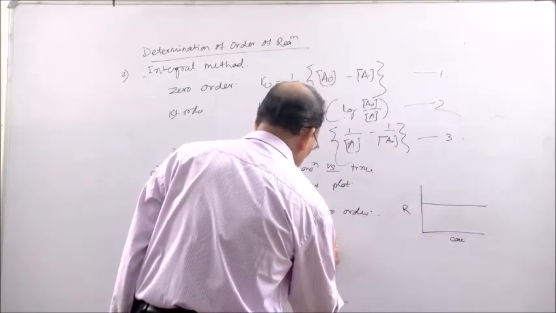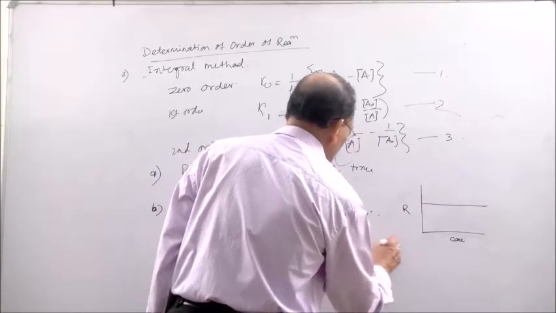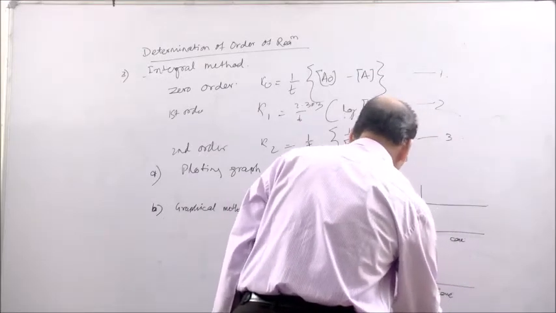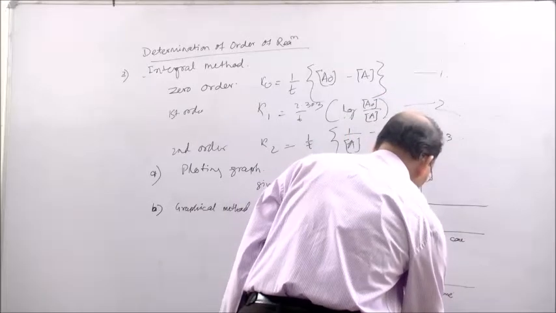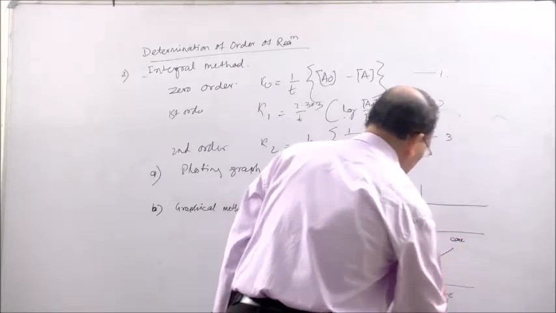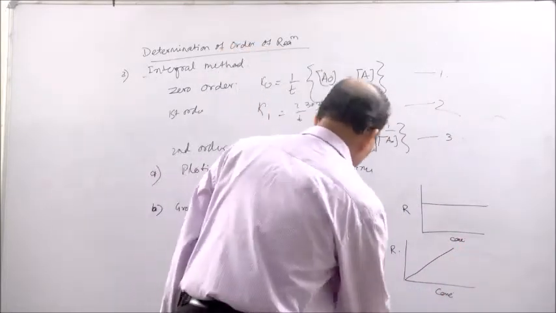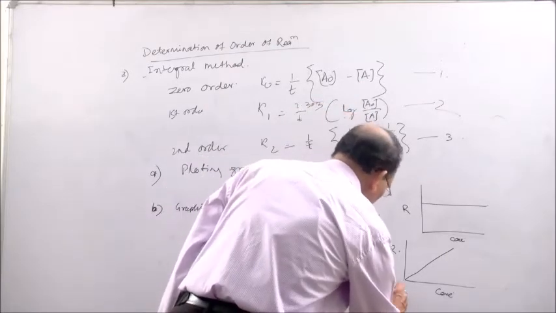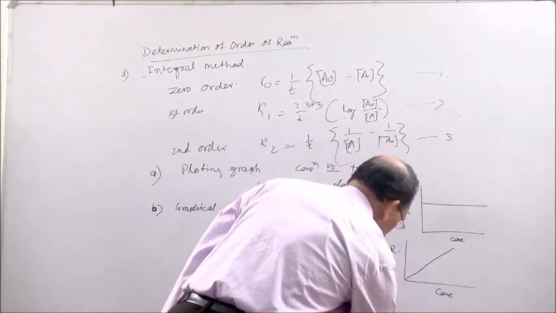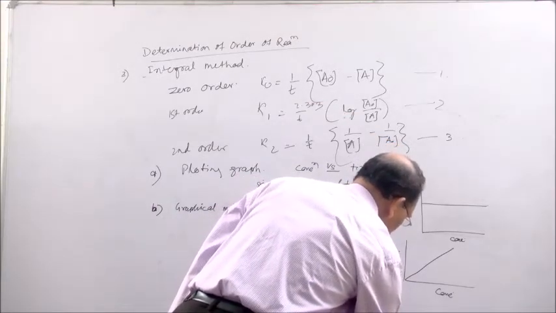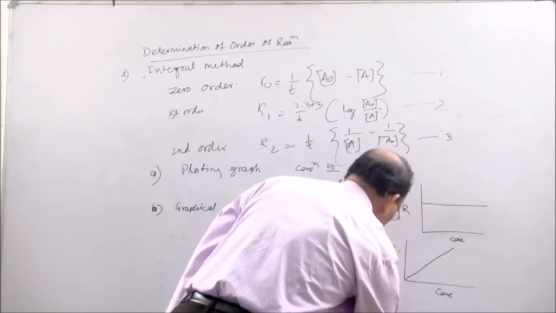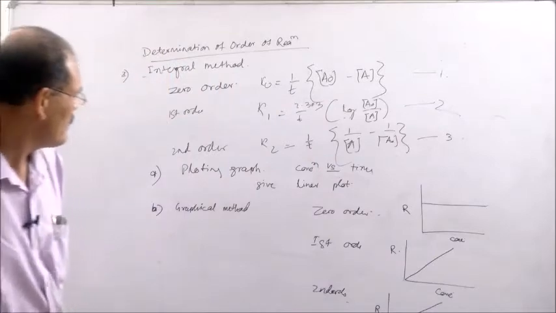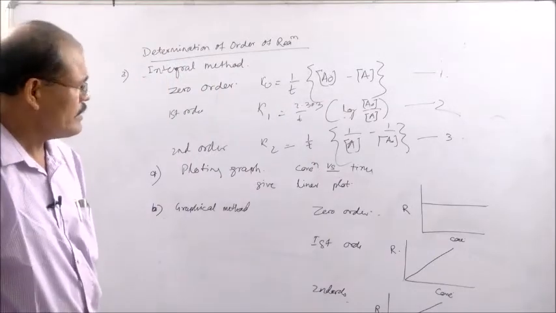Similarly for first order, concentration versus rate gives a straight line which passes through the origin. Similarly for second order, the rate versus square of the concentration also gives a straight line. This is the graphical method to determine the rate constant.